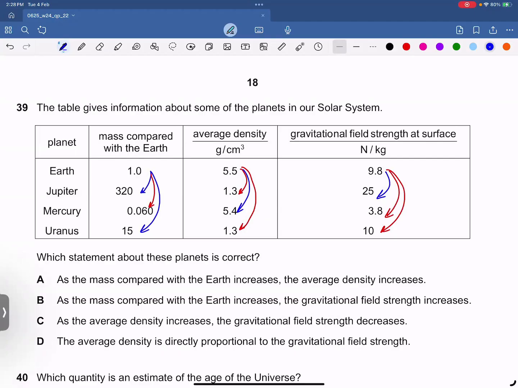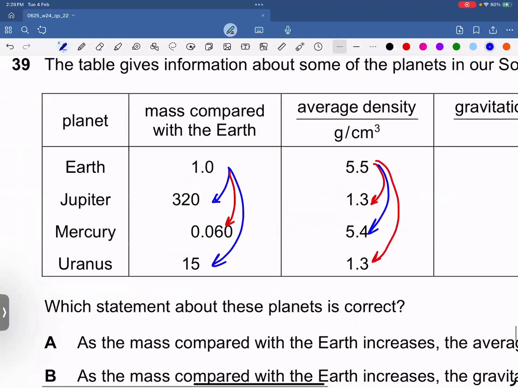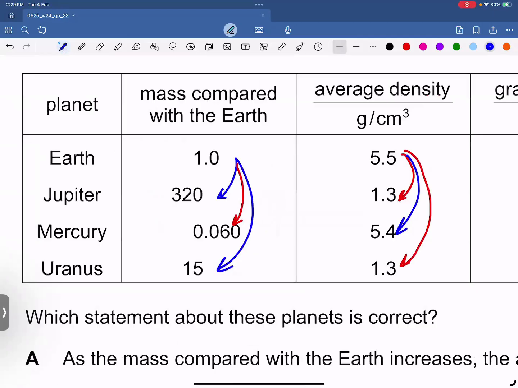Which statement about planets is correct? As the mass compared to Earth increases, average density increases. Compare these two. Mass was blue, density is red, so it decreases, not increases. Look here, the mass is more, but the density is less.